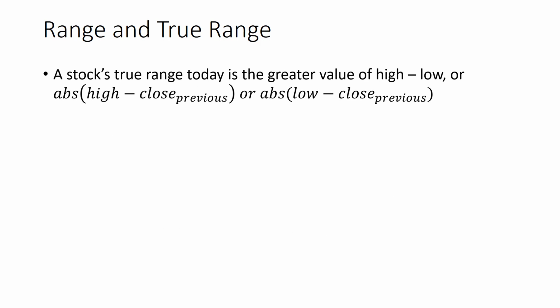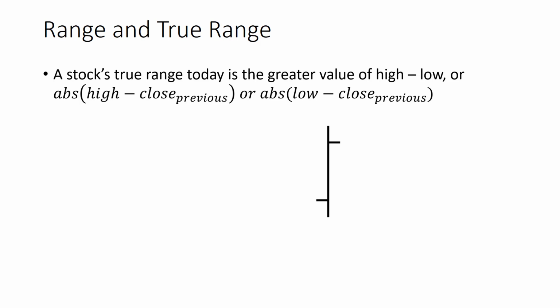Now, true range is a little bit different. The true range is the greater value of the range, the high minus low, or the absolute value of high minus the previous close, or the absolute value of low minus the previous close. So what we're looking for in the instance of true range is the range including any gaps that occur on the daily chart.